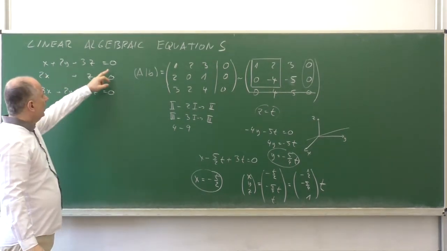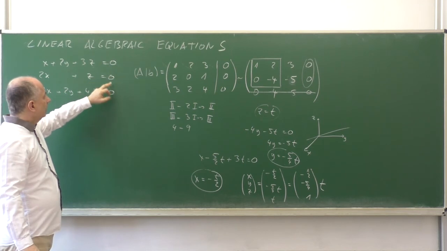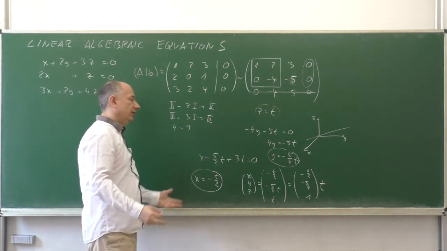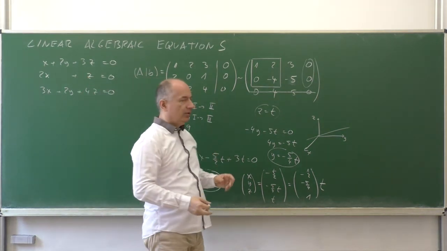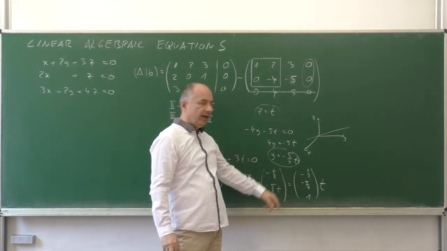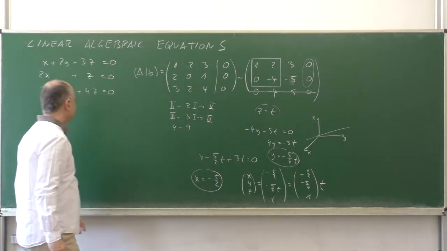So you see, a homogeneous system always has a zero solution, but it may also have a non-zero solution.